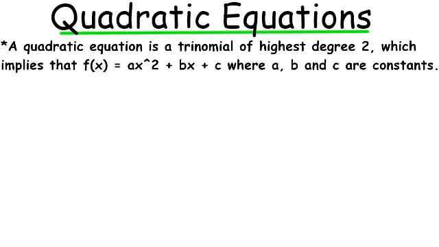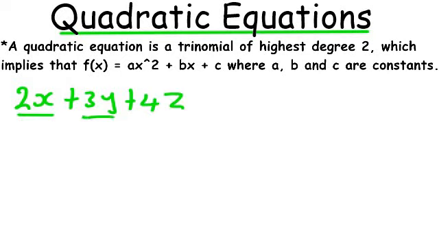You're already familiar with trinomials, but for the sake of those who might not know what a trinomial is, a trinomial is just an expression that has up to 3 terms, something like 2x plus 3y plus 4z. So you have the first term, second term, third term. By the way, it might not consist of variables in all cases. Once it consists of 3 terms, then it can be considered a trinomial.